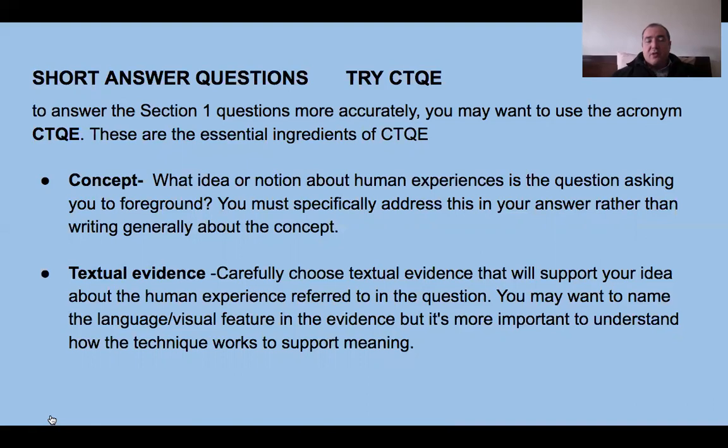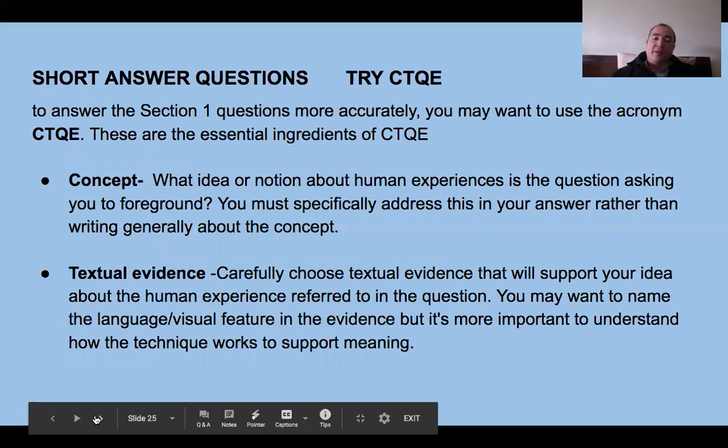The textual evidence. You need textual evidence for everything. Carefully choose the textual evidence that will support your idea about the human experience referred to in the question. You may want to name the language or visual feature in the evidence, but we need to say how the technique works to support the meaning.